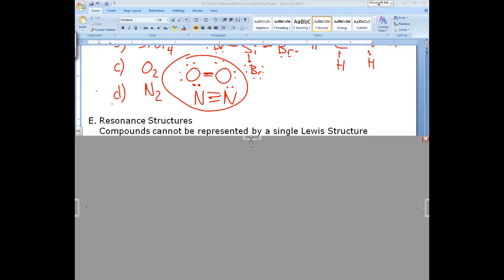Okay, but resonance structures are compounds that cannot be represented by a single Lewis structure. It takes more than one to explain their structure.